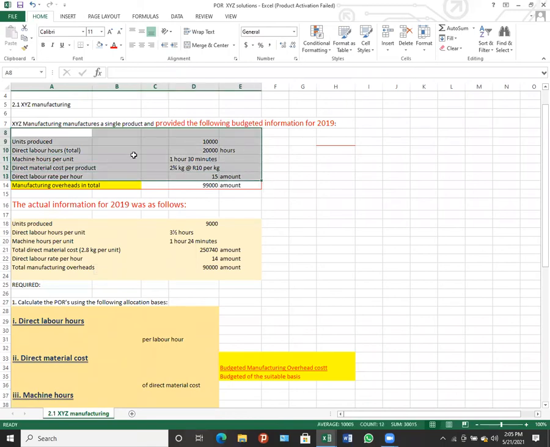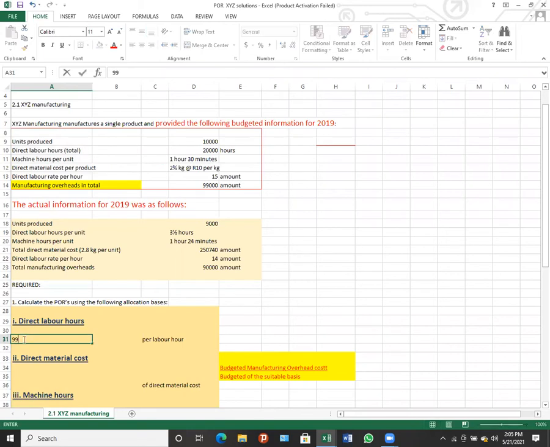It's simple. We take the budgeted manufacturing overhead divided by the basis. For direct labor hour, what is our direct labor hour? The total is 20,000.